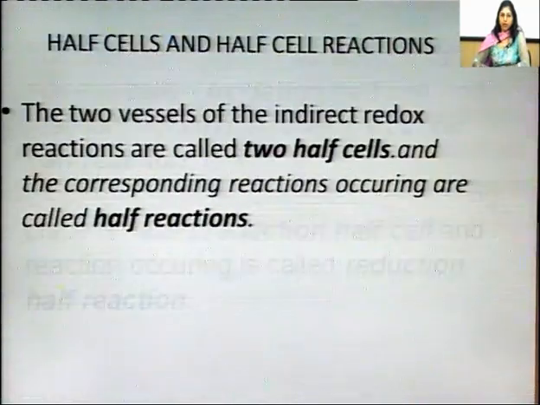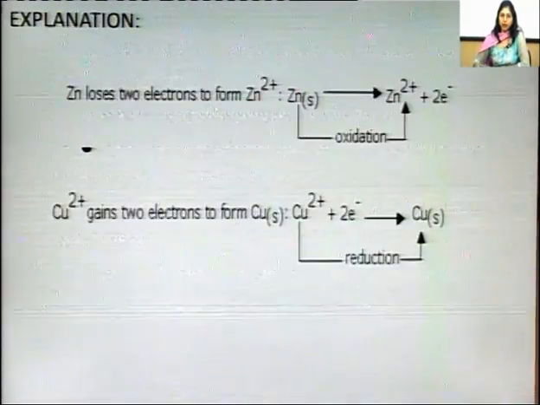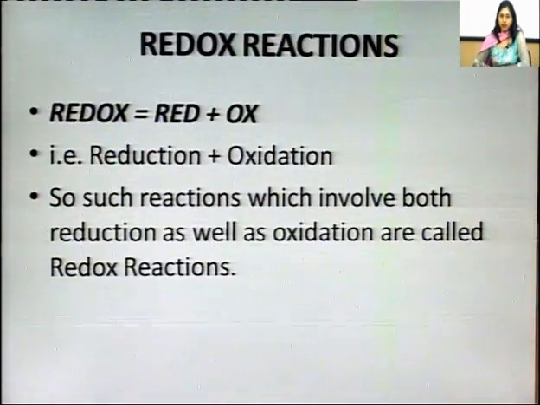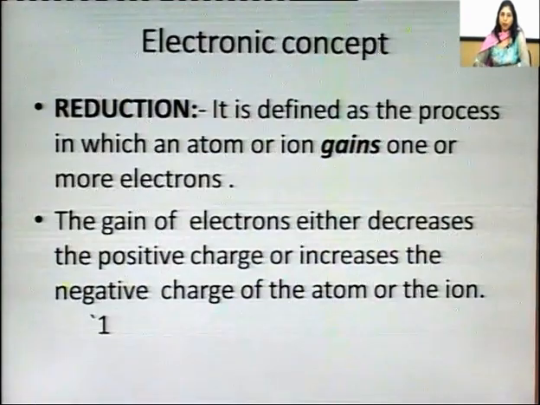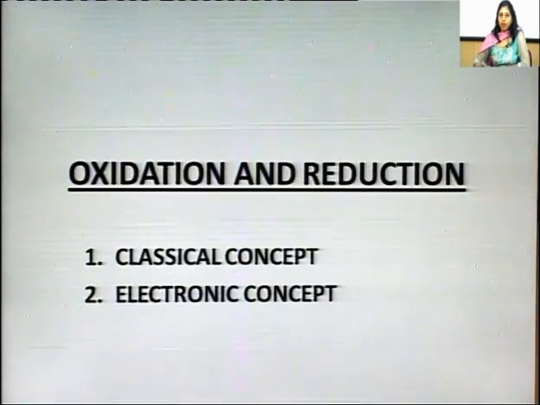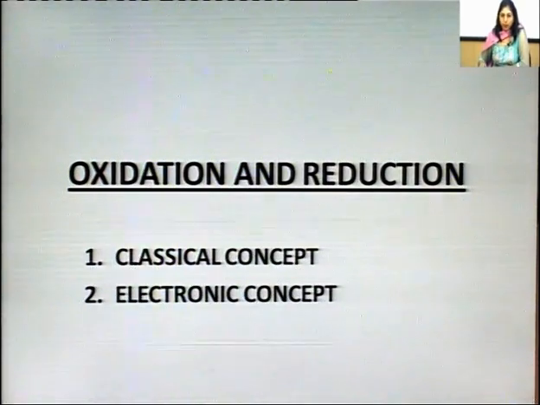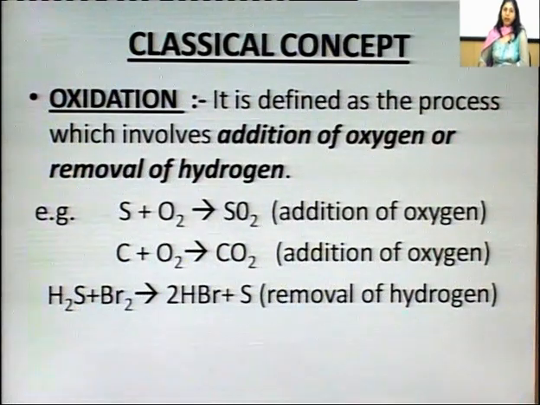Let us have a brief review of all the slides, of what we have done in this lecture. First of all, we defined oxidation and reduction according to two concepts, that is classical and electronic, like this: addition of oxygen or removal of hydrogen.